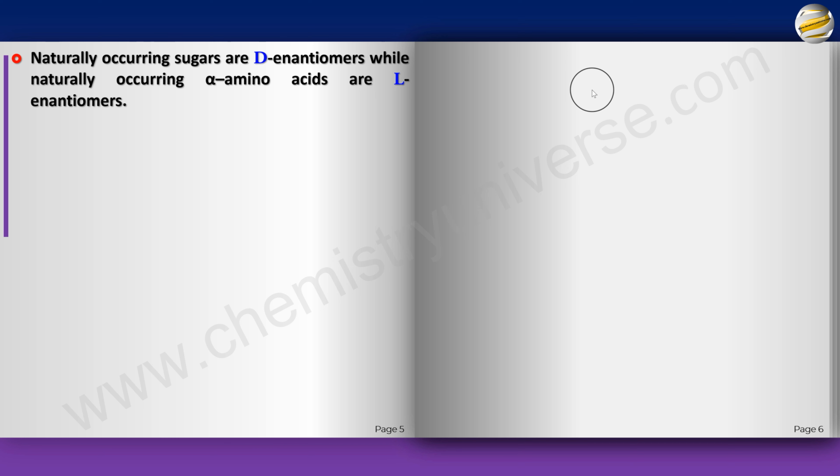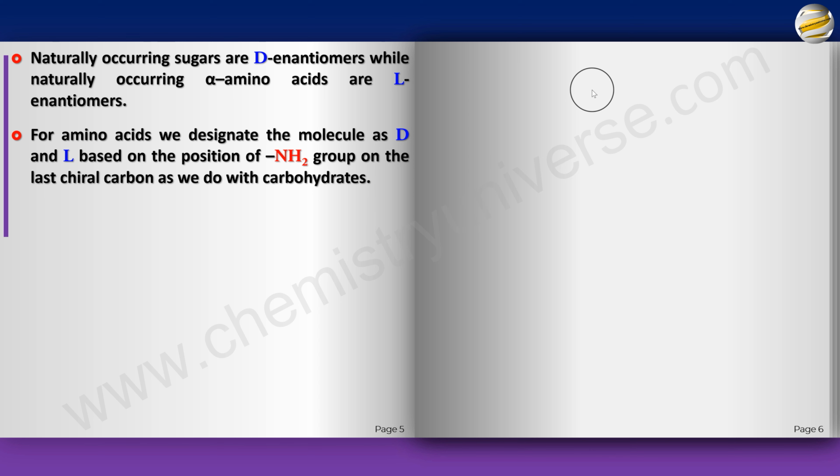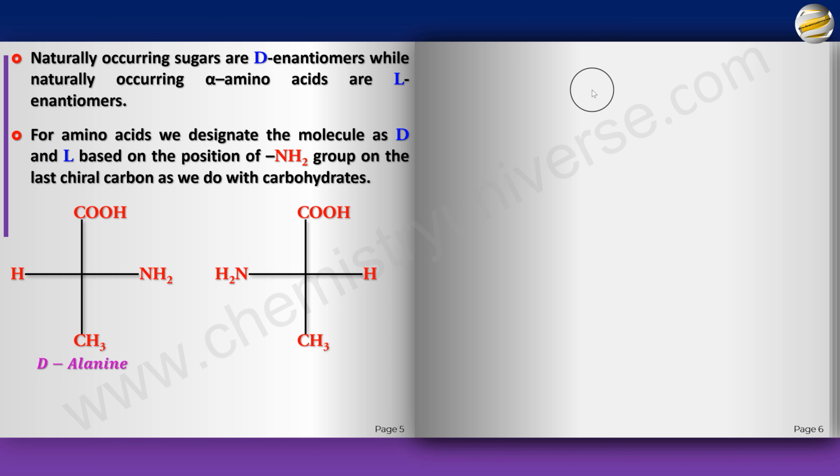Then he said, okay, if NH2 is on the right, on the last chiral carbon, then it is D, otherwise L. So for amino acids, we designate the molecule as D and L based on the position of the NH2 group on the last chiral carbon. So this is automatically D. It is D-alanine. And this guy is its mirror image, L-alanine, since NH2 is on the left side.